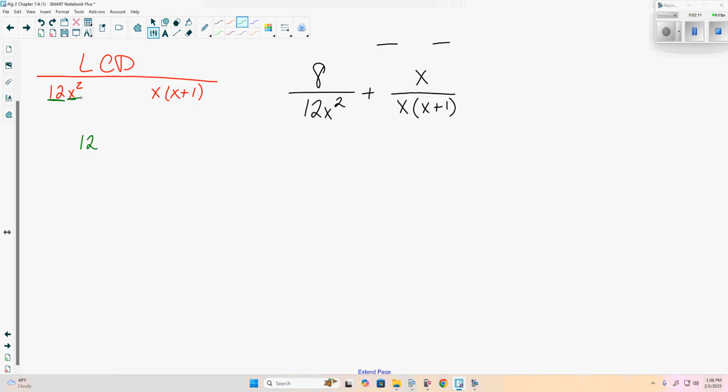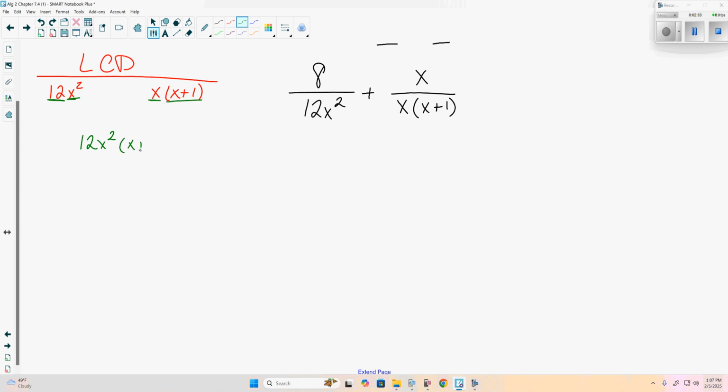Our next piece is our x squared and x. In one of them, we have 2 x's. The other, we have 1. Which one has the most? The one on the left with 2. So that means our least common denominator has to contain 2 x's or x squared. The only other factor we haven't looked at is the x plus 1.